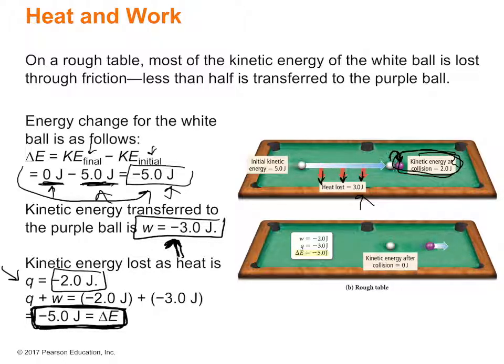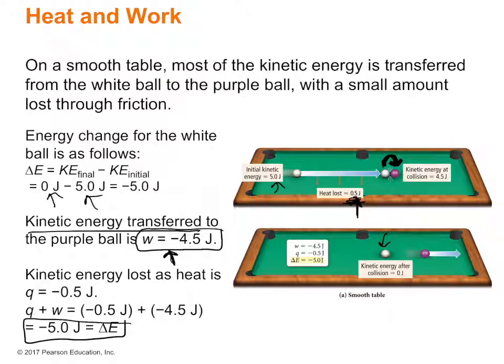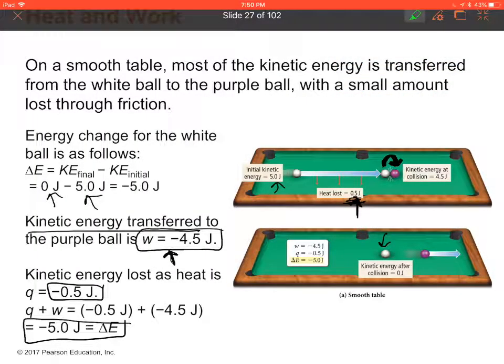On the smooth table, W is greater in magnitude than Q. On the rough table, Q is greater in magnitude than W. However, the change in energy is the same. Okay, so looking back at this one, on the smooth table, our W and our Q were different.